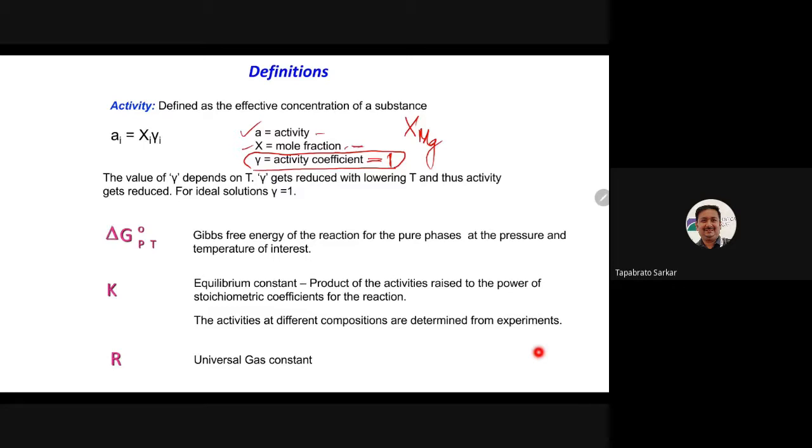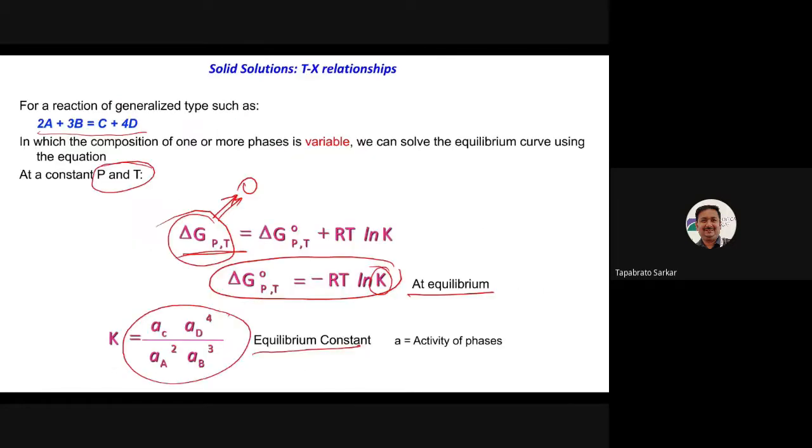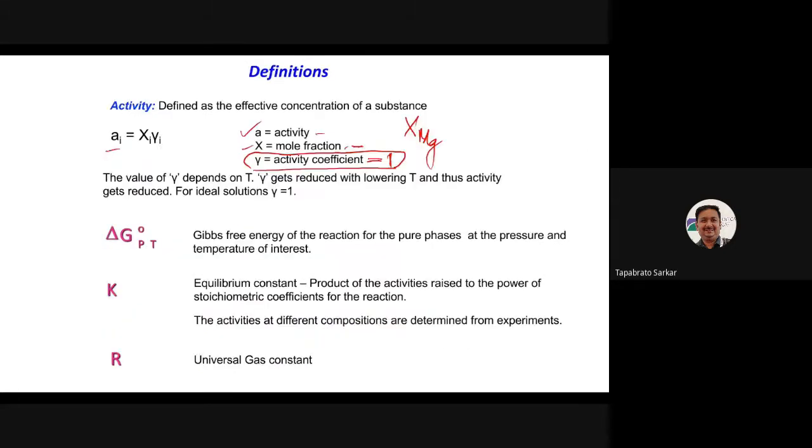If we know the composition of the rock or of a particular mineral in question, we can know the activity. If we know the activity of each of these different minerals, A, B, C, and D, we can calculate the K.